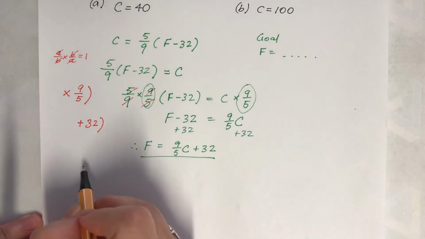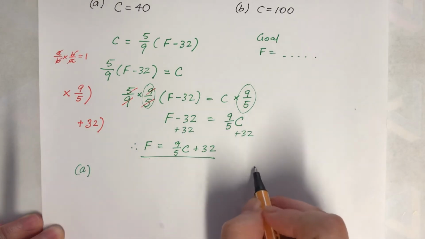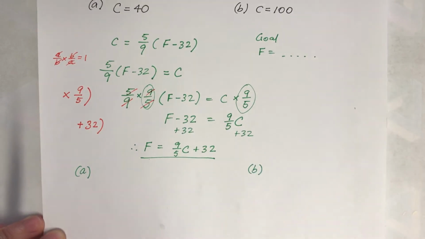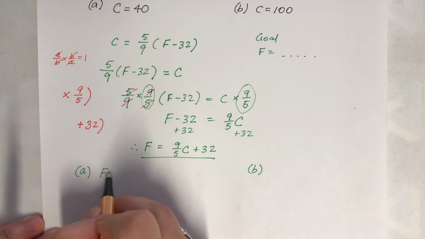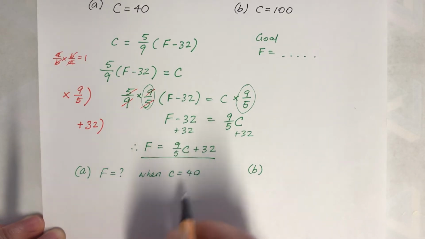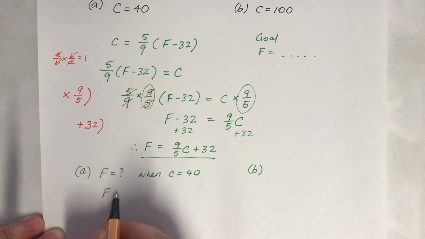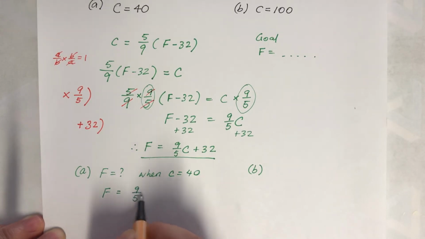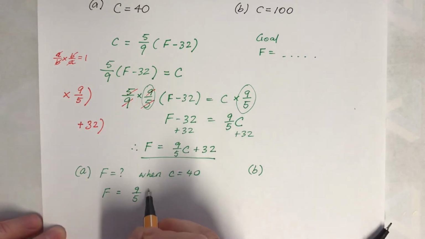And then I've got to do parts A and B now. I need to find F when C equals 40. So F equals 9 over 5, and C is 40, isn't it?